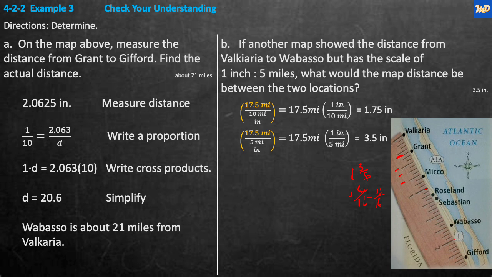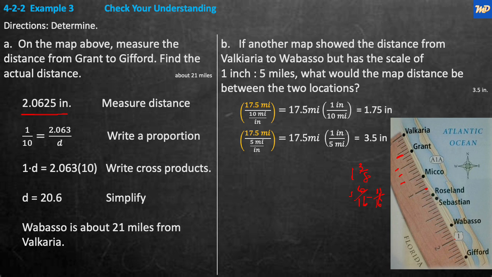These are the sixteenths. We have the 1 inch, and 11 and 6 is 17. So it's 2 inches and a 16th. Okay, so if you look up here, I have 2 inches and 1/16, 2.0625. Okay, so that's the measured distance.